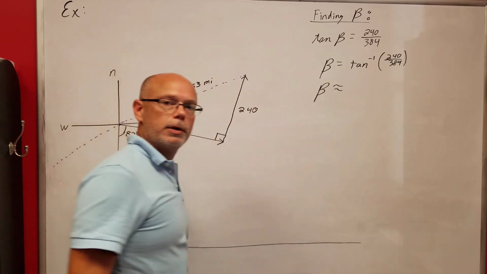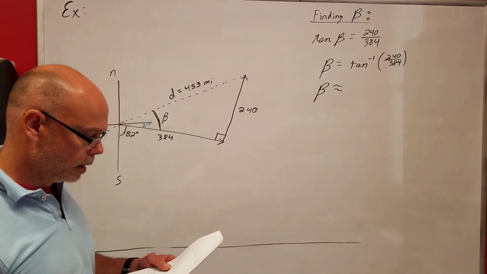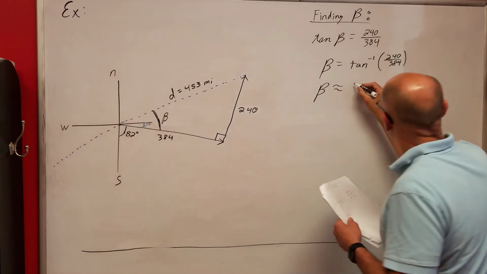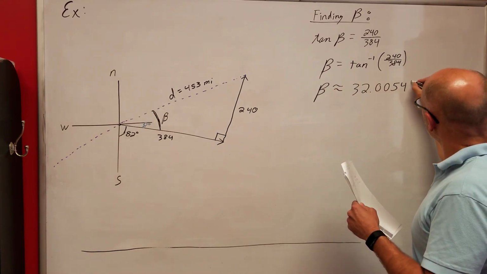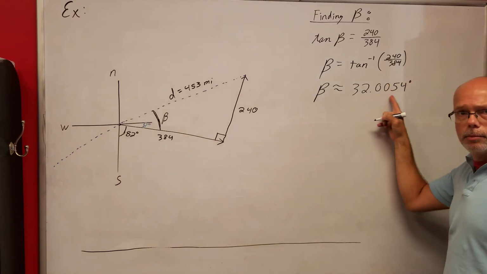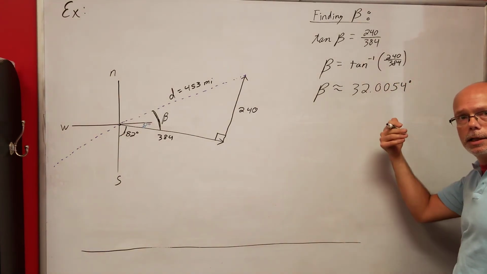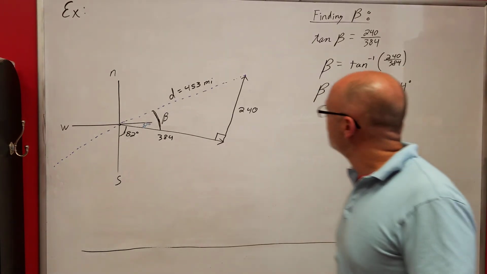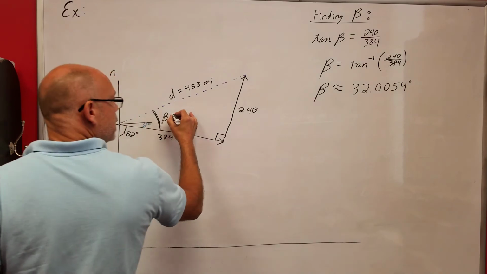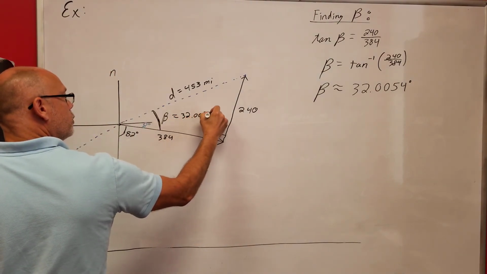If I put that in my calculator, making sure it's in degree mode, I get 32.0054 degrees. What I like to do is carry it out pretty far, at least 4 decimals, whenever I'm doing calculations with this number, and then round at the very end. So this beta is about 32.0054 degrees.